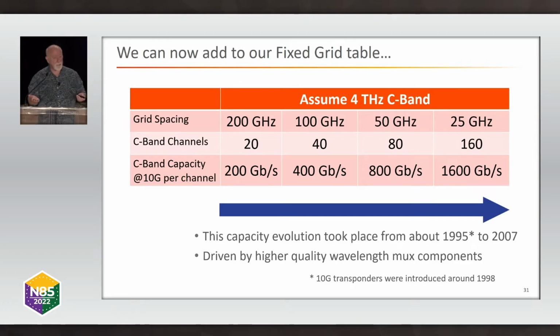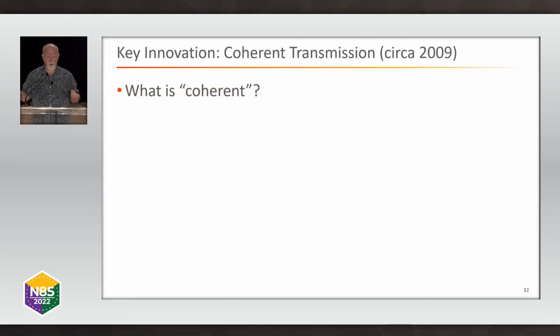This capacity evolution took place from about 1995, which is when WDM became commercially available, up to about 2007. That was driven by higher quality wavelength multiplexing components. The 10 gig transponders had been available since about 1998, and 10 gigabits remained the wavelength data rate until about 2007. But then we suddenly get access to commercial coherent transmission.